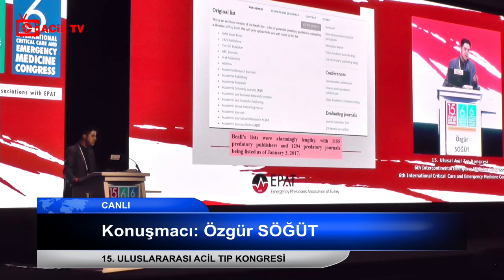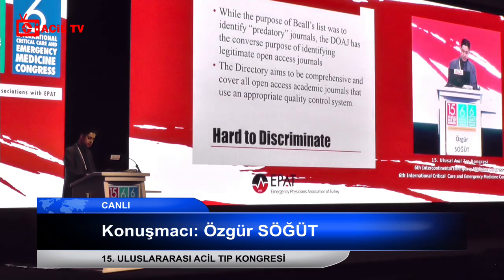Jeffrey Beall, in fact, is a librarian, and he listed some journals, and these lists were alarmingly lengthy, with 1,155 predatory publishers and 1,294 predatory journals being listed as of January 3, 2017. You can access this original list from this website.